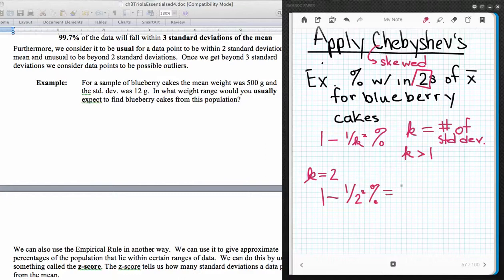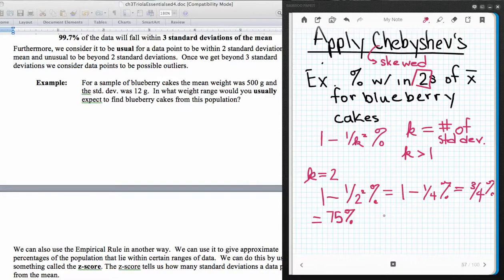This gives us 1 minus 1/4, and 1 minus 1/4 is 3/4. And 3/4 is, of course, 75%, because in order to get this as a percent, you change 3/4 to a decimal, which is 0.75. And so this is 75%. That would be the percentage of data according to Chebyshev's that would be within 2 standard deviations of the mean.